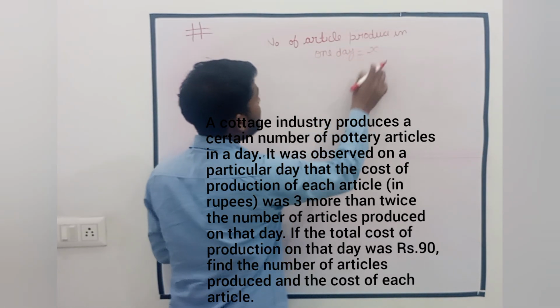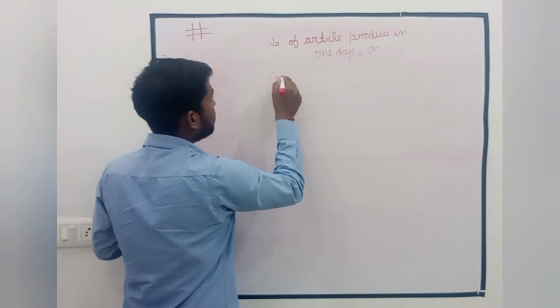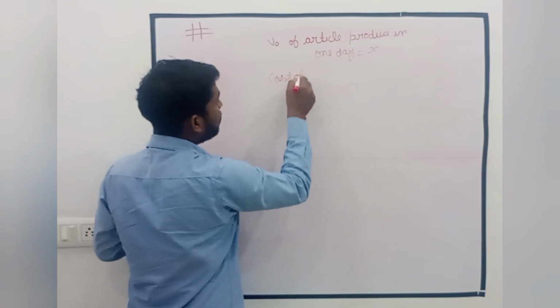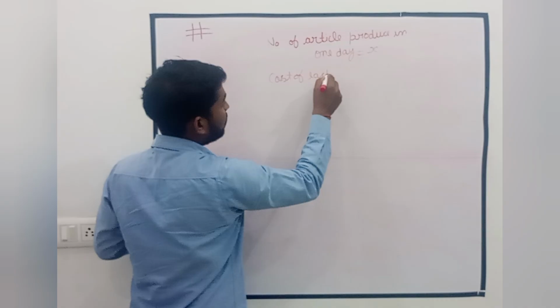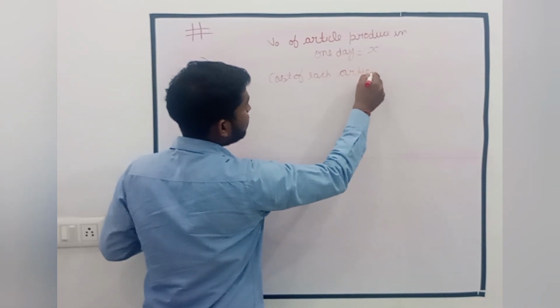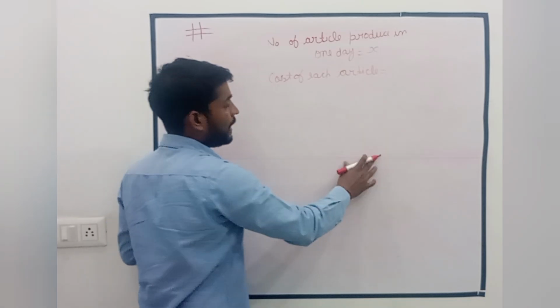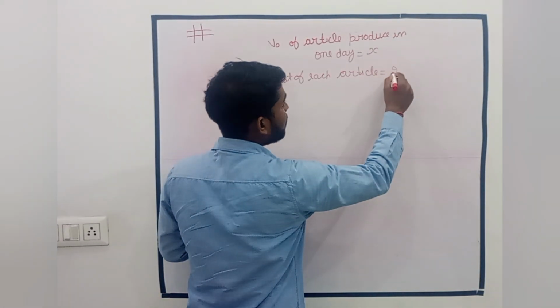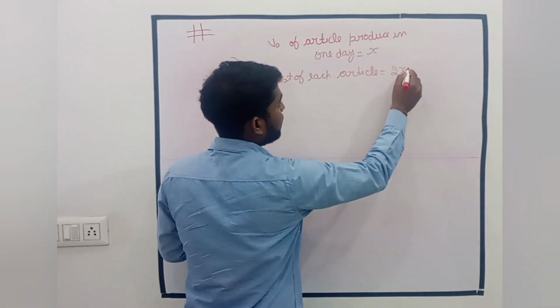We can assume x, and the cost of each article is three more than twice the number of articles produced in one day.